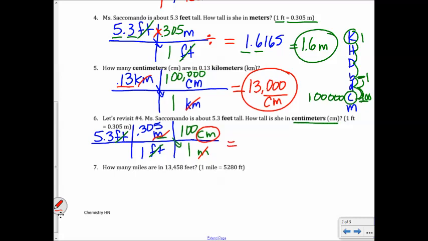Now, all you have to do here when you have a bigger track is multiply everything on the top first, multiply everything on the bottom, and then divide at the very end. Although they're both 1s on the bottom, so that's an easy division. So, I end up being 161.65.